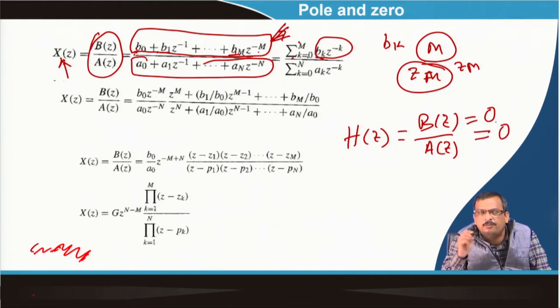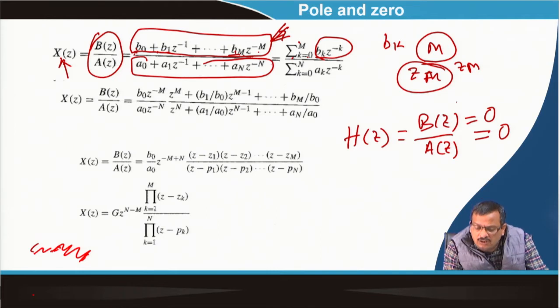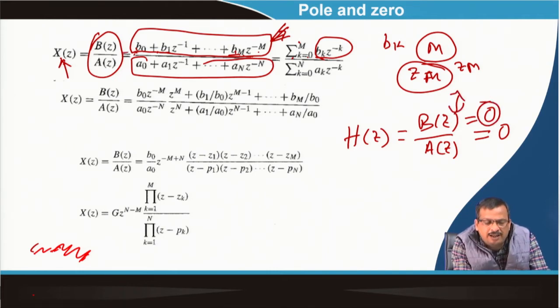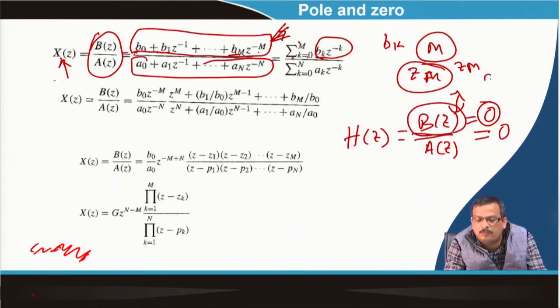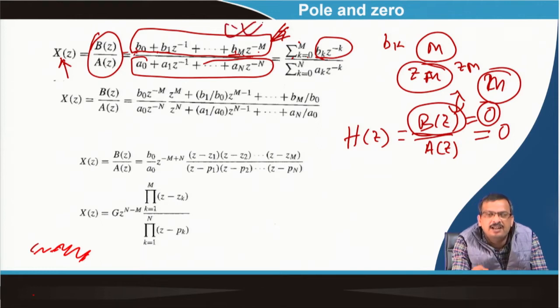H(z) will become 0. That is why the solution of B(z) is called a zero. Since in the mth order equation m number of solutions of z are available, I say B(z) has m zeros. So, the solution of B(z) is called the zero position of the transfer function.